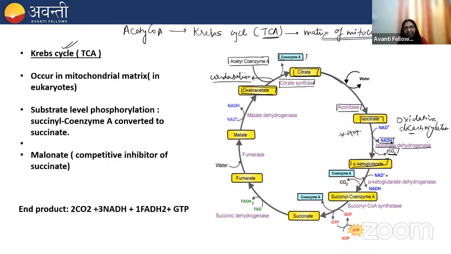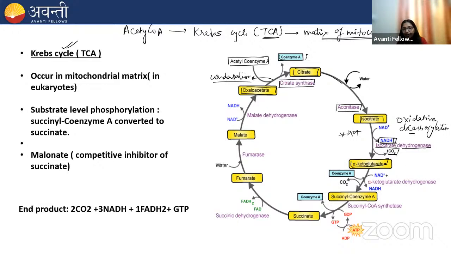In this step, NADH formation is taking place. Remember this. All the steps where NADH formation is taking place, or ATP or GTP formation, or here in the Krebs cycle, you can see that FADH2 is also forming. Remember these steps, they are very important, because generally the questions come from these steps.